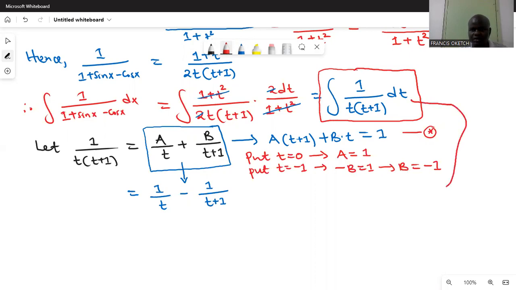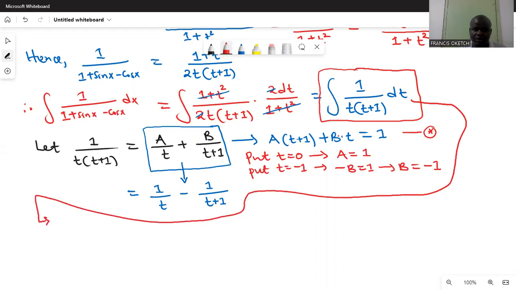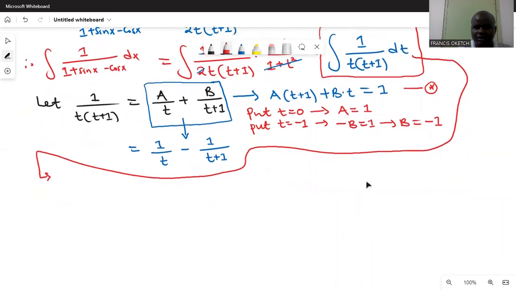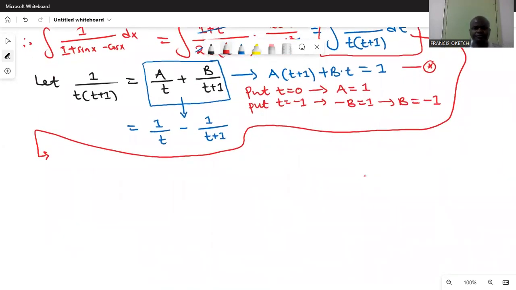When I substitute the partial fractions, it will now be equal to the integral of 1 over t minus 1 over t plus 1, integrated with respect to t.